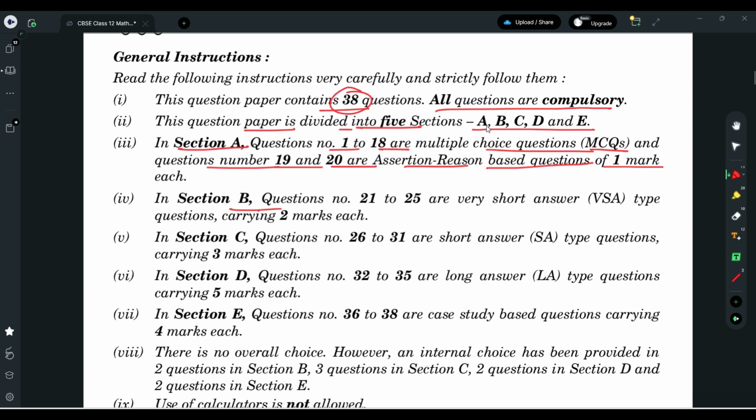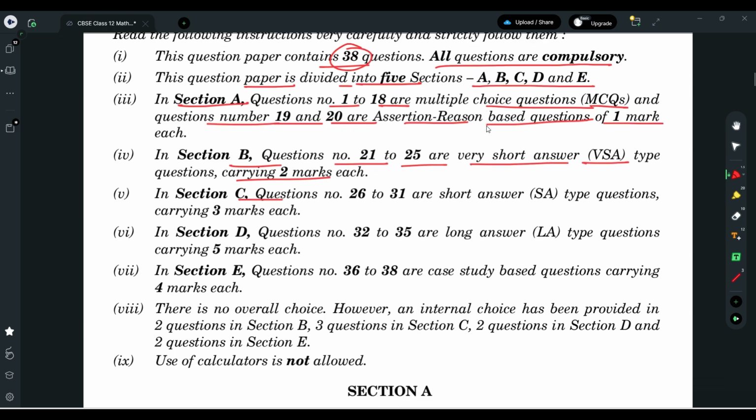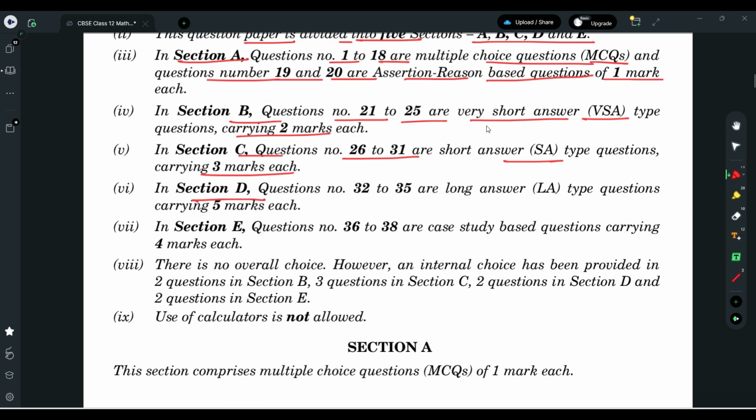In section B, question number 21 to 25 are very short answer type VSA questions carrying 2 marks each. In section C, 26 to 31 are short answer type, 3 marks each. In section D, 32 to 35 are long answer type that carry 5 marks each. And section E, question number 36 to 38, are case study based questions carrying 4 marks.